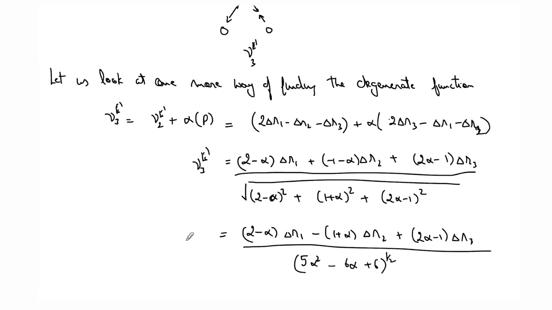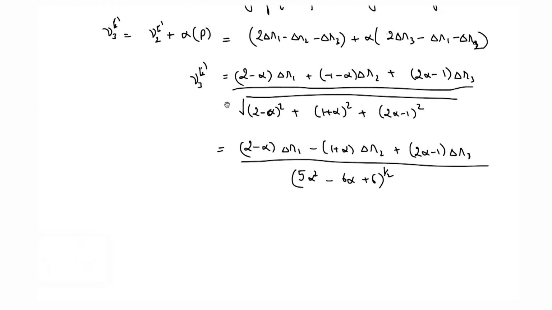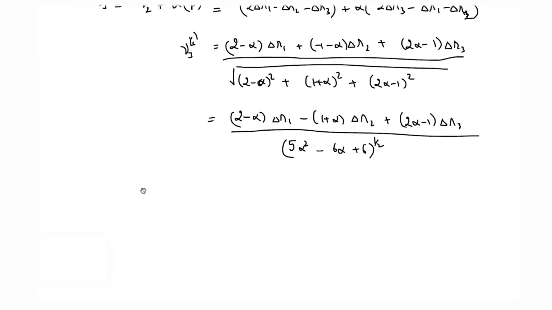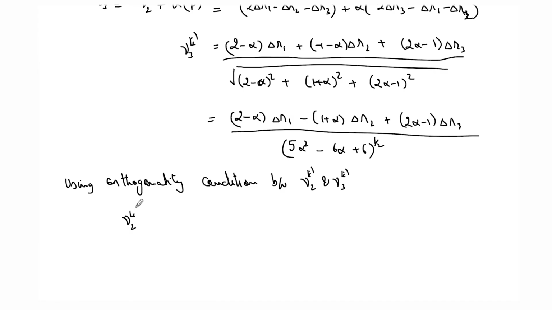There is only one variable here, right? Now I know that using the orthogonality condition between nu2 and nu3, both are E prime symmetry, right? So nu2 E prime dot nu3 E prime should be equal to 0.